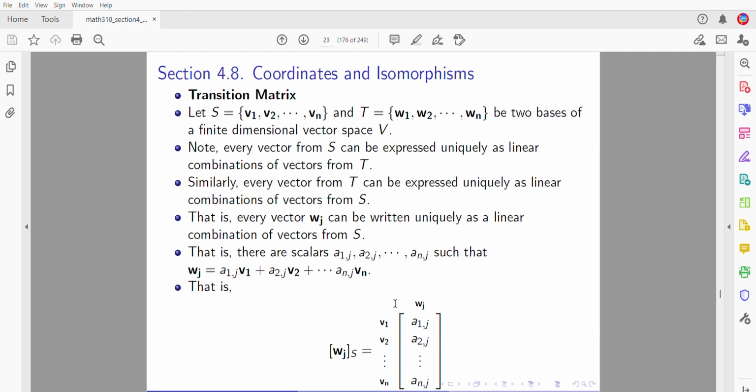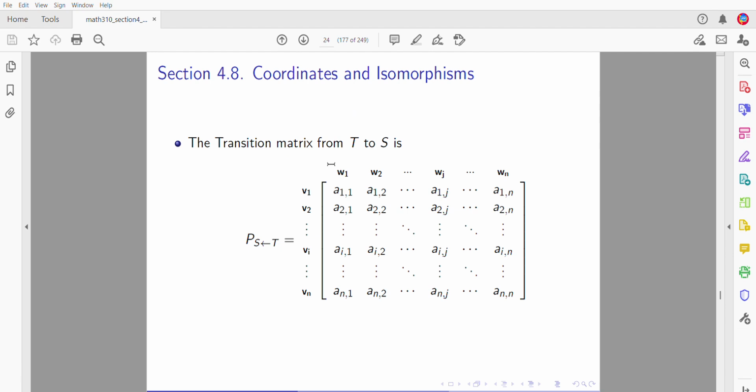So collect all these column vectors. For w1, you have a column vector with coordinates with respect to v1 through vn. For w2, you have these coordinates with respect to v1 through vn. For wj, we saw just now, and so on. So this matrix made up of columns that you obtain as coordinate vectors is called the transition matrix.